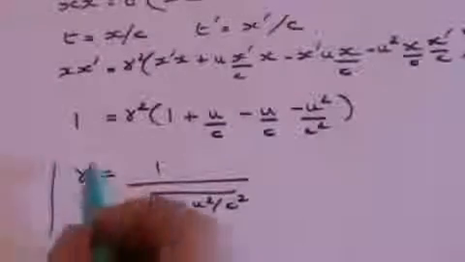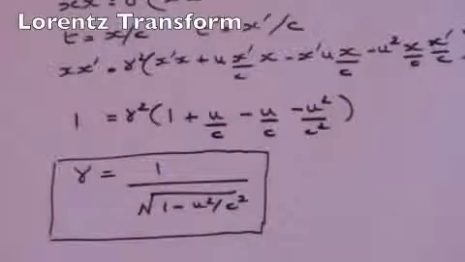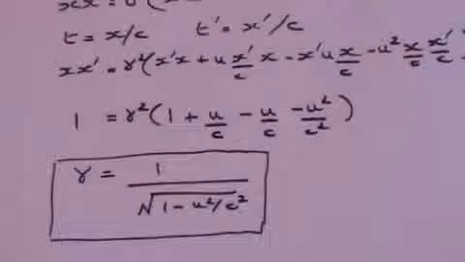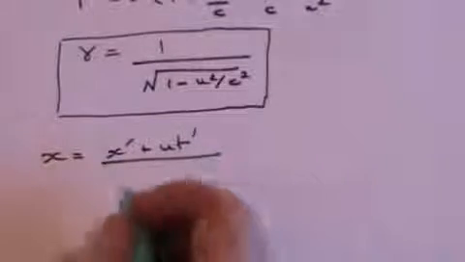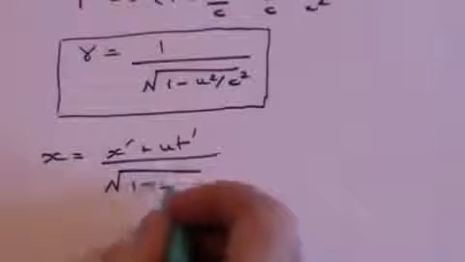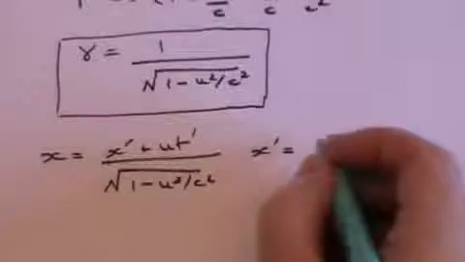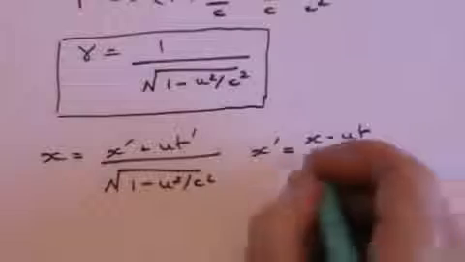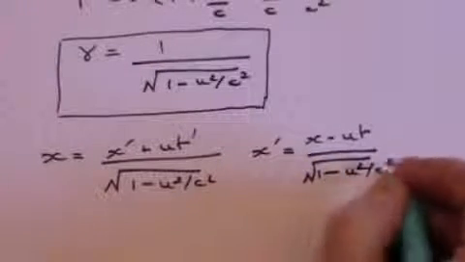And that is known as the Lorentz transform. And so we see that if we apply this transform, x is equal to (x prime plus ut prime) divided by the square root of 1 minus u squared over c squared, and x prime becomes (x minus ut) divided by the square root of 1 minus u squared over c squared.